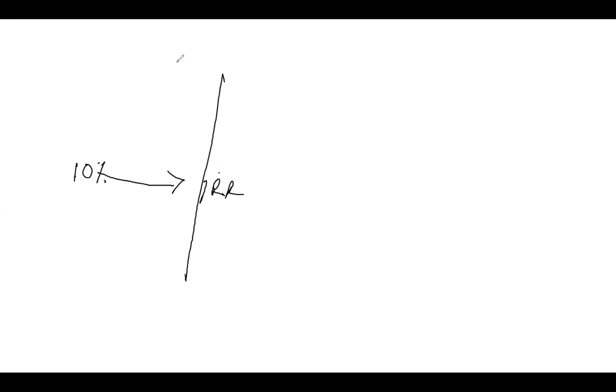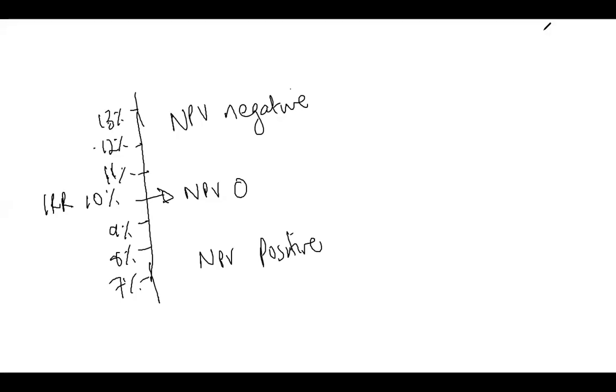Let me just set it up properly so that you can see clearly what I'm trying to illustrate. Right, so this is what I'm trying to illustrate here. As you'll see, let's say our internal rate of return is 10%, right? What that means is that at a discount rate of 10%, our NPV will be 0.